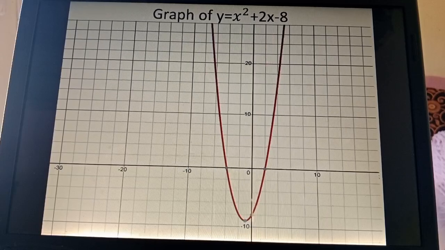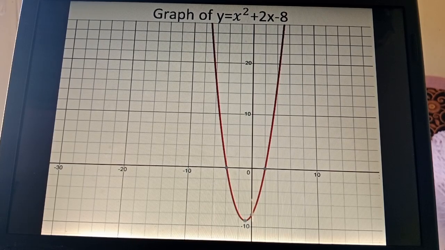And then you can see the other points plotted, like we have (negative 4, 0), and then there where it is cutting the x-axis, the other point is (2, 0).